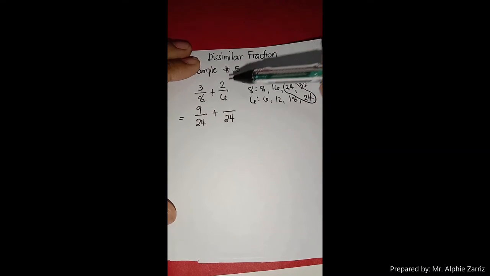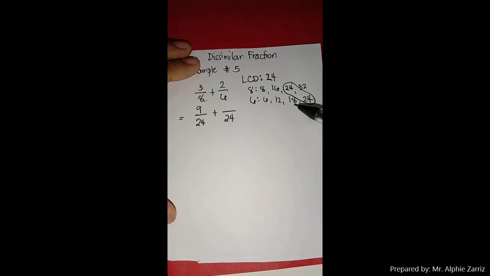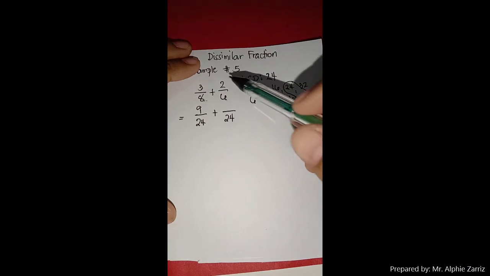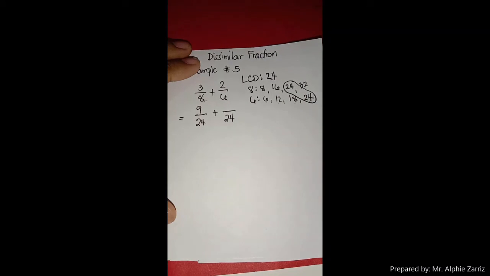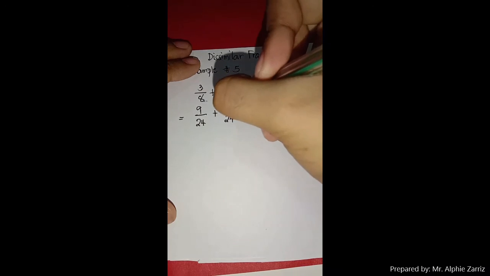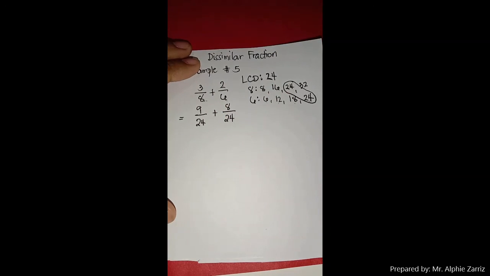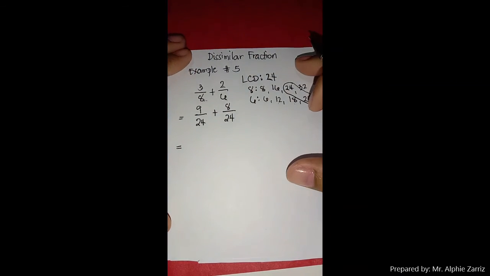Next. Ganon din yung gagawin natin dito. So, 1, 2, 3, 4. So, 4 times 2, we have 8. So, therefore, pwede na natin silang ma-add. Equals.